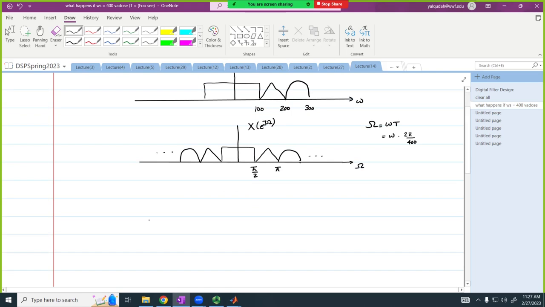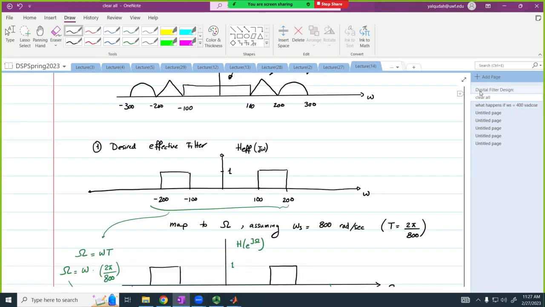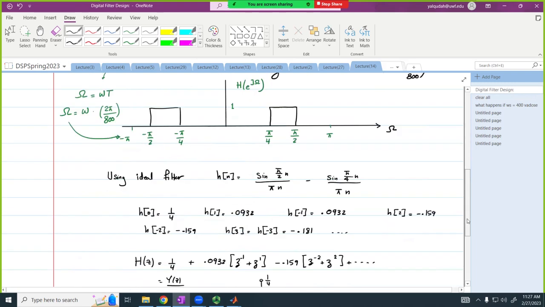Now the output of our filter is going to look something like this. My filter that we designed will filter the signal from pi over 4 to pi over 2.